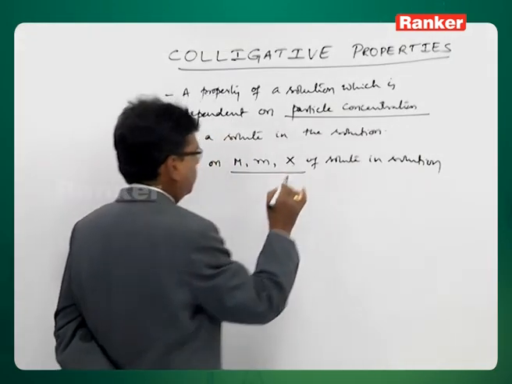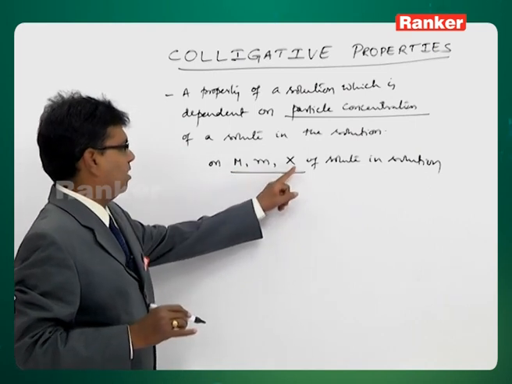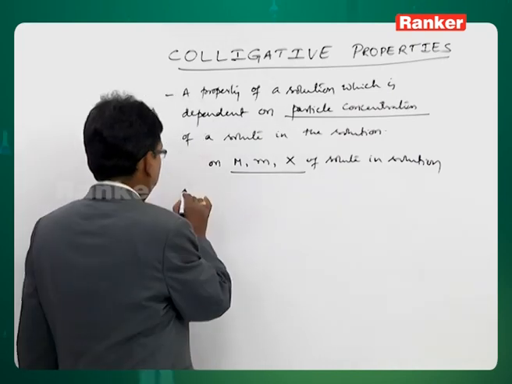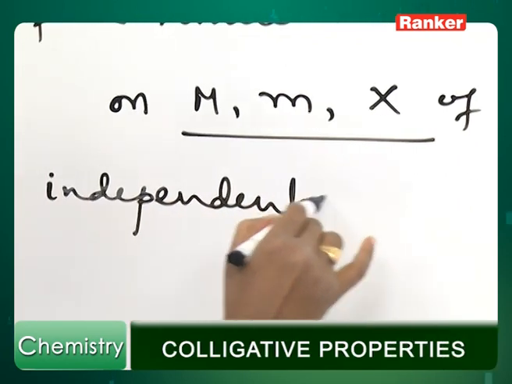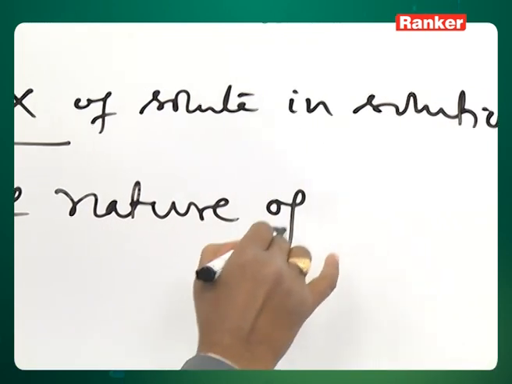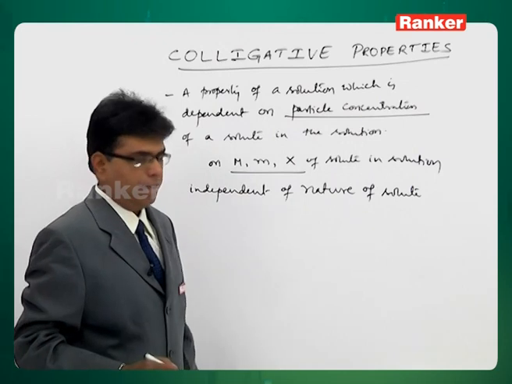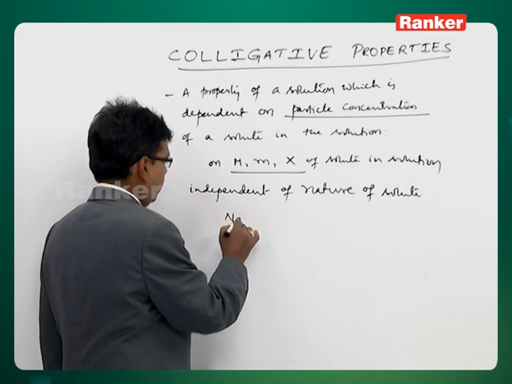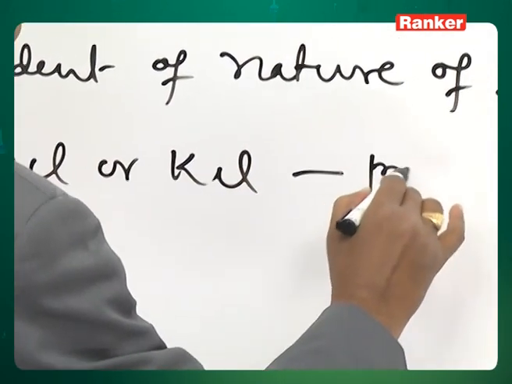That is what concentration means. The different concentration terms we already discussed. So it depends on the particle concentration of the solute, but it is independent of the nature of the solute. The meaning is, whether the solute is NaCl or KCl, the property is the same.